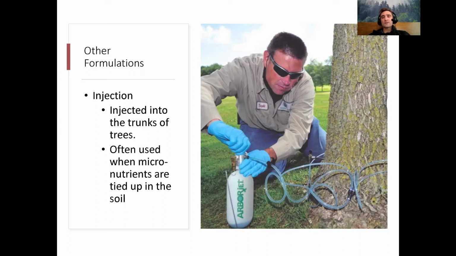Although this requires some extra skill and equipment, it does not hurt the tree long term, and it is a very efficient method. There is zero material wasted. And so oftentimes this will be almost like what a tree doctor would do and come and put you on the IV, give you the direct injection of the medicine.